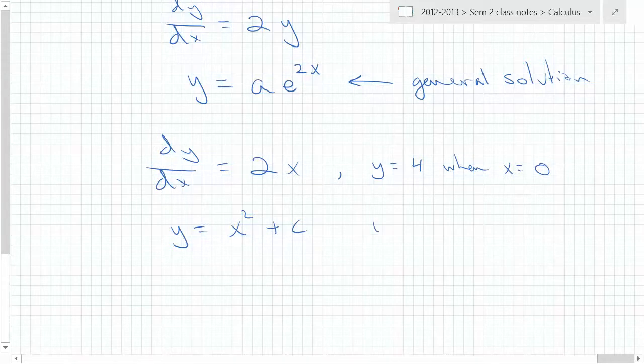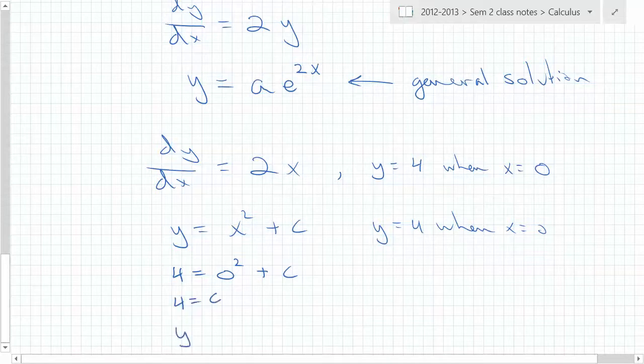But we know that y equals 4 when x equals 0. So 4 equals 0 squared plus c, which means 4 equals c, which means y equals x squared plus 4. This is called a particular solution.